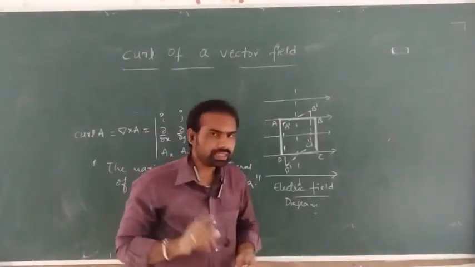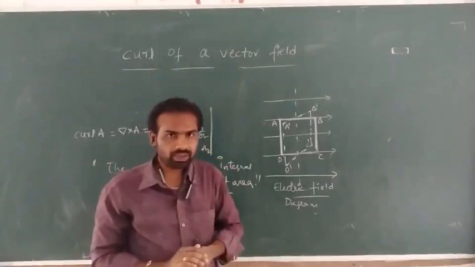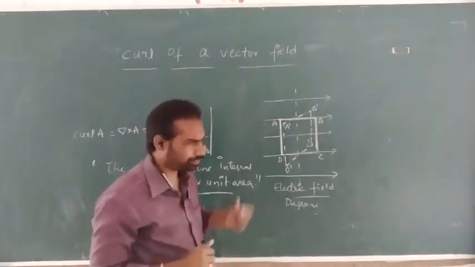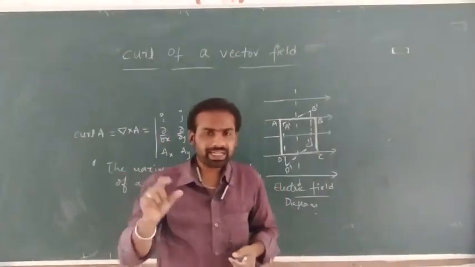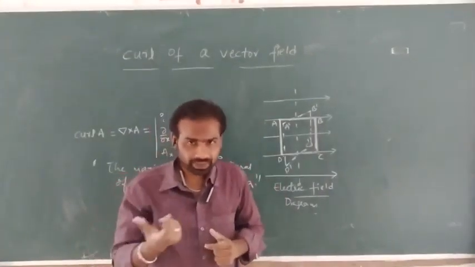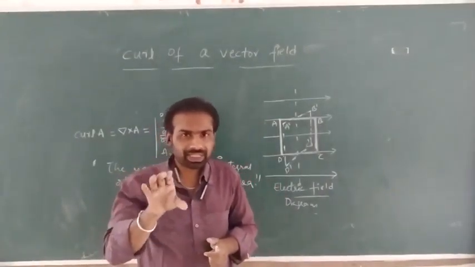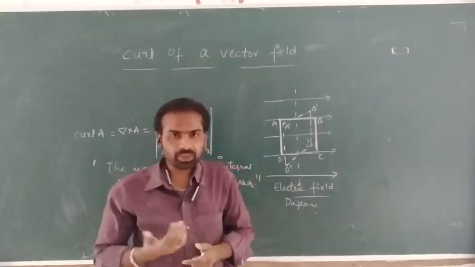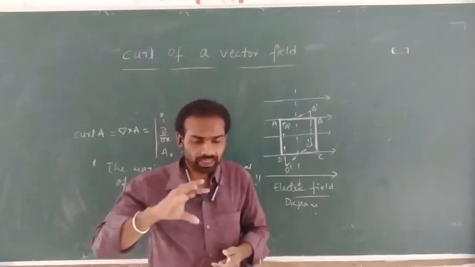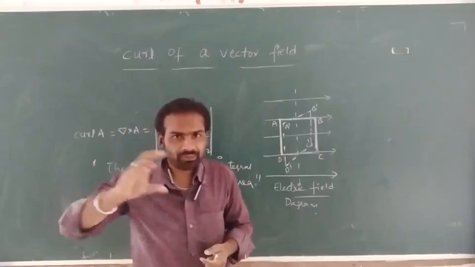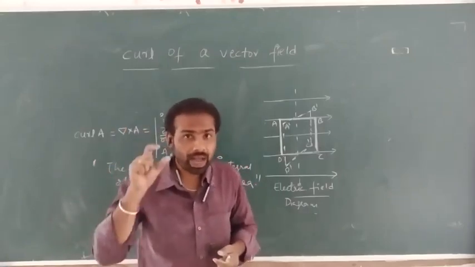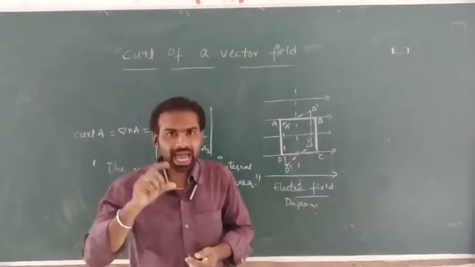Here, curl is nothing but rotation. We know that the gradient of a scalar field gives a vector field, isn't it? If you get a vector field by using the gradient of a scalar field, that is called a lamellar field.